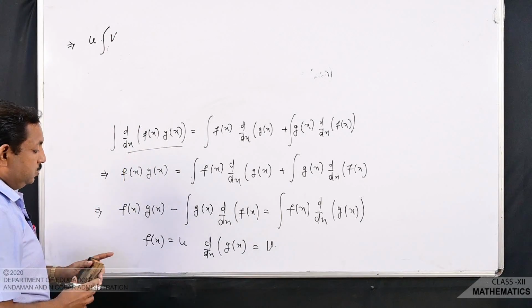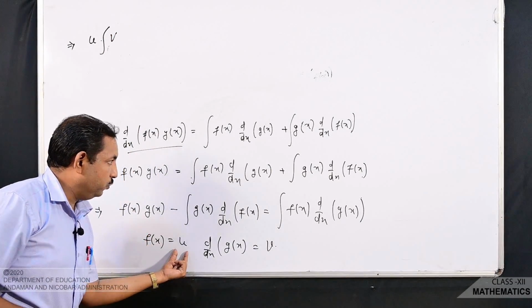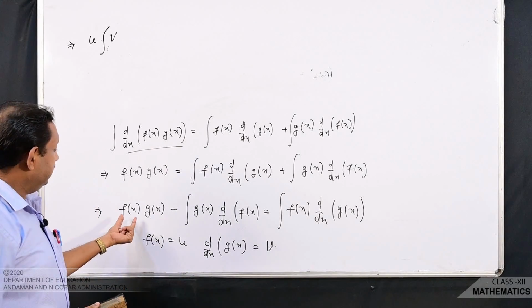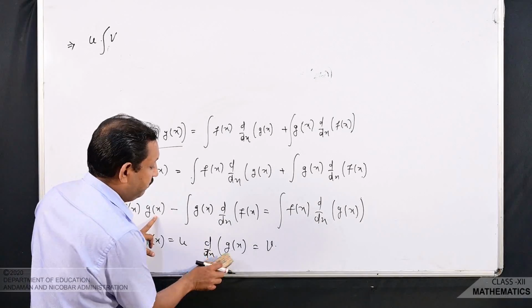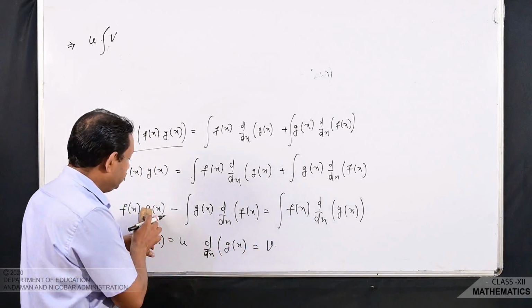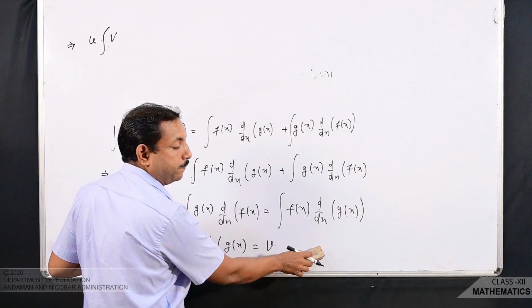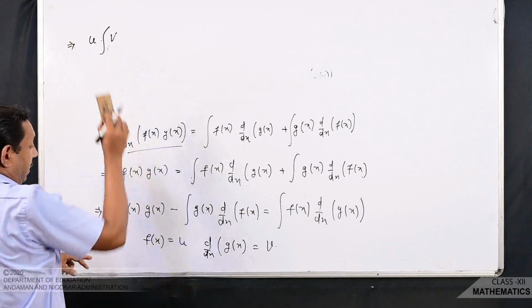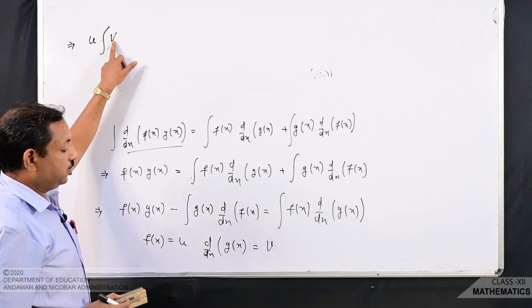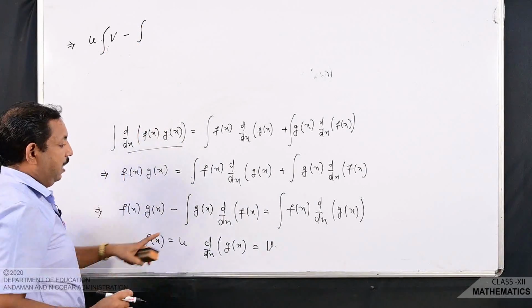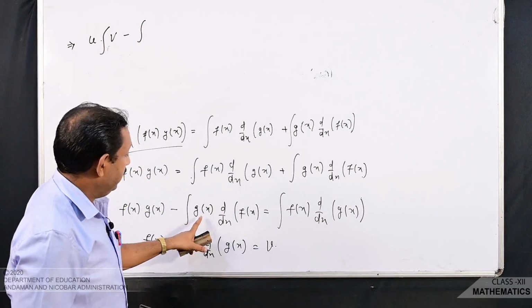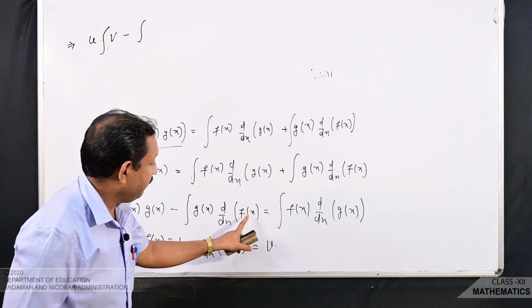So, f of x is u, that I replace here, and g of x is the integration of v. So, that means u and g of x can be replaced by the integration of v, minus the integration, and this is again g of x and the derivative of f of x.